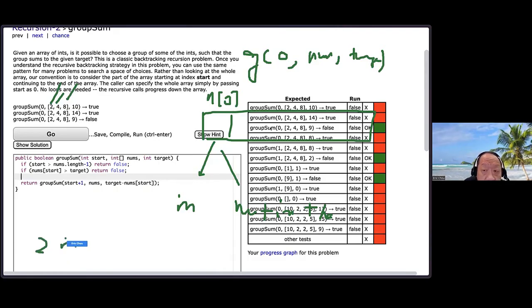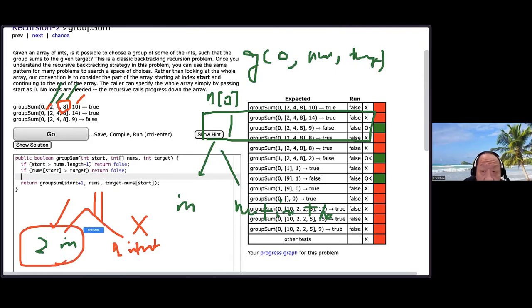Then eventually you'll find 2 plus 8 equals 10. So that actually is okay, there exists some solution. The other part is that you may have 2 not in. With 2 not in, you only try 4 and 8. 4 and 8 is impossible to make a sum of 10. So this one, no. But all together, you will have a solution.